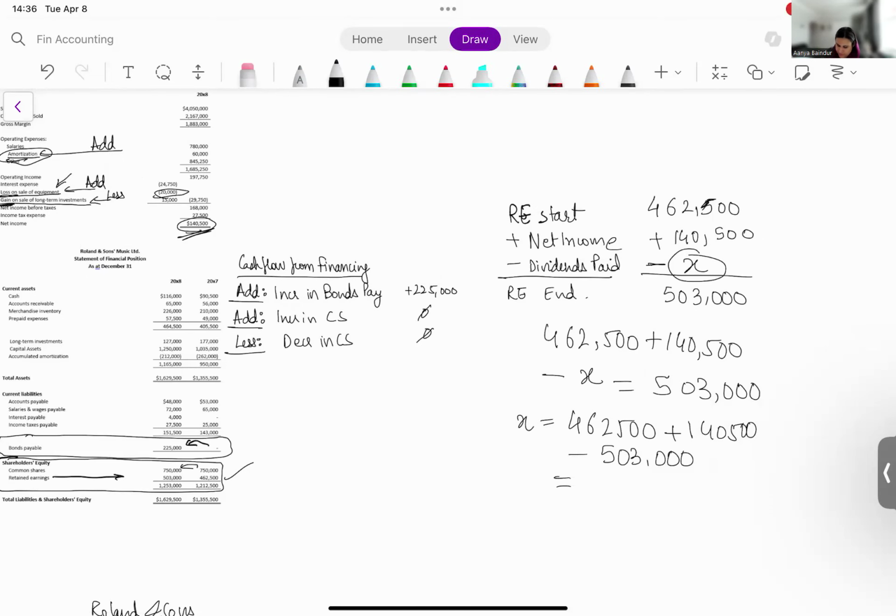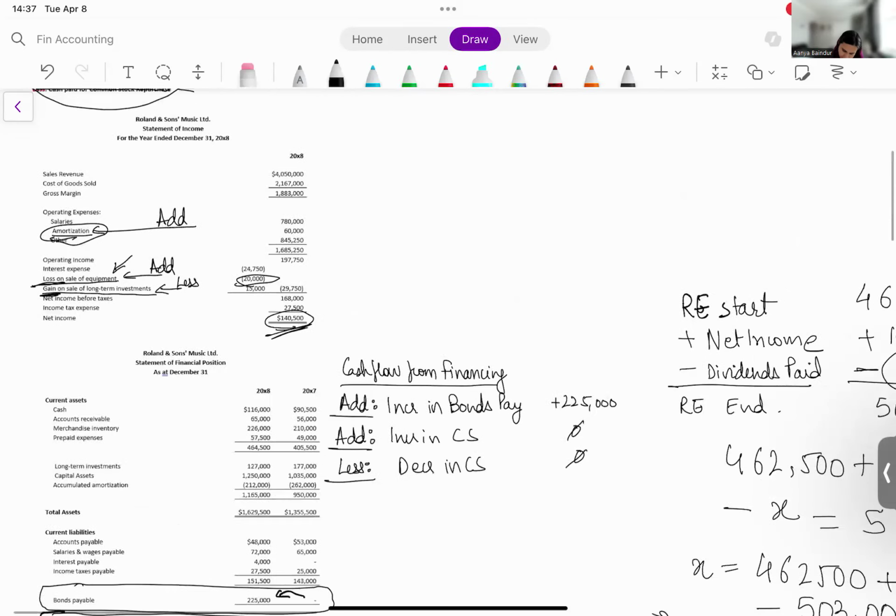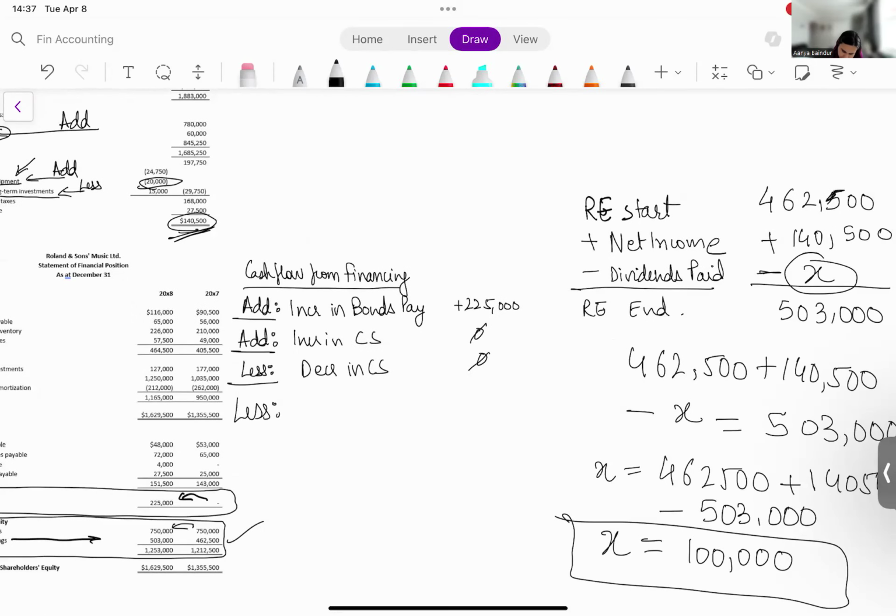After this, you get an x value of 100,000, which means the amount of dividends that were paid out were $100,000. When we pay out dividends, our cash decreases. So less dividends paid, and that is minus 100,000. This gives us the cash flows from financing of 125,000. Now we have all three sections.